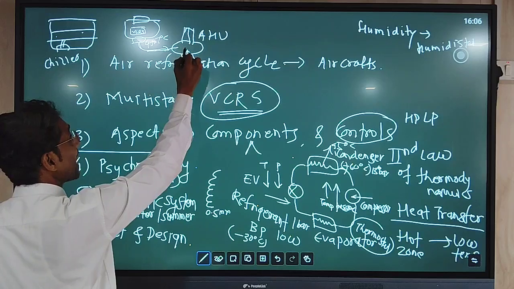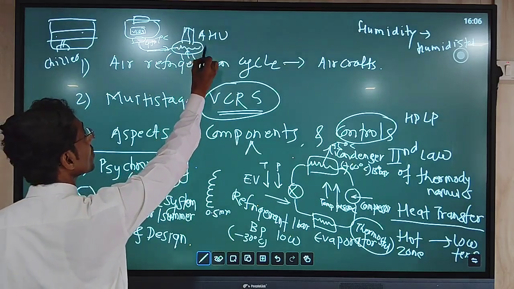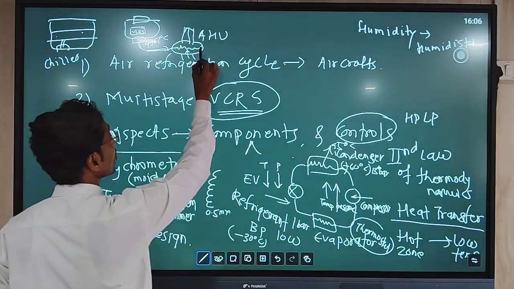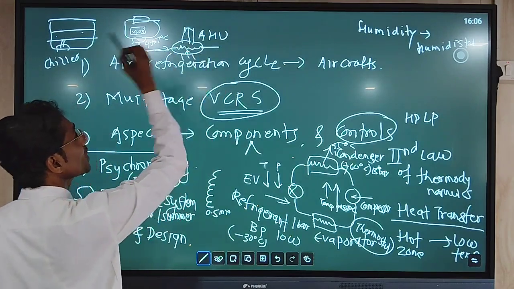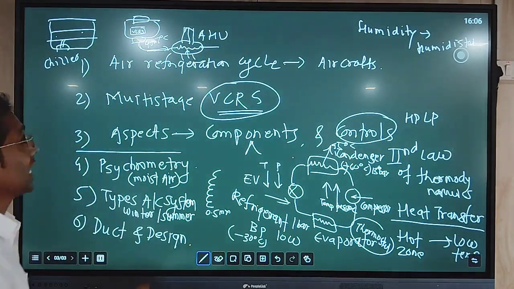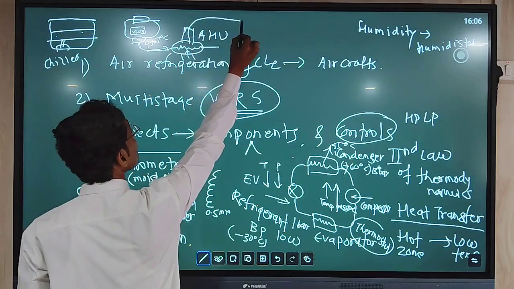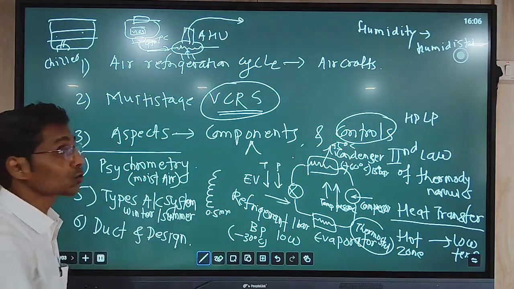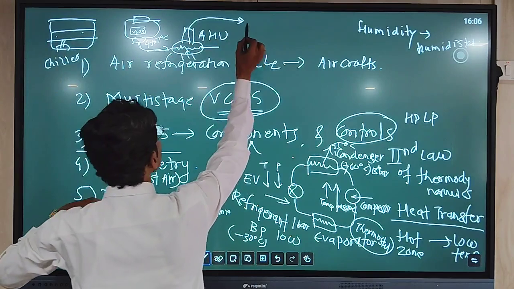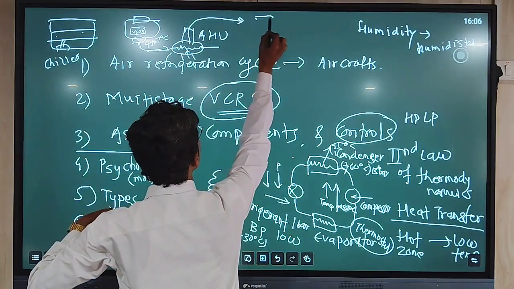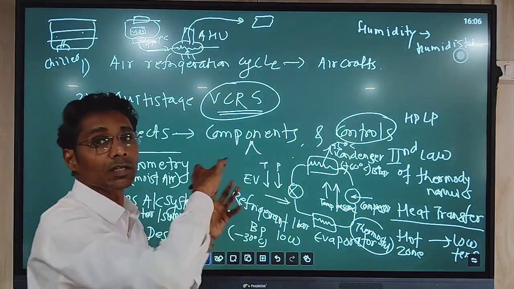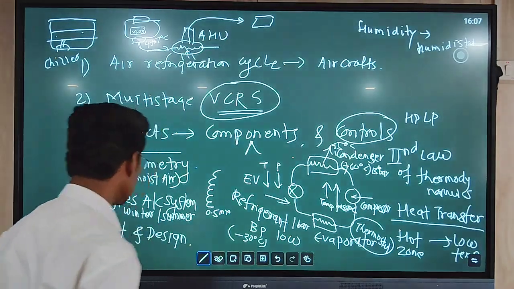This air is passed over the chilled water coils, so the temperature of air is reduced. Such cold air is then conveyed to the different rooms by rectangular sheet metal ducts, called ducts.